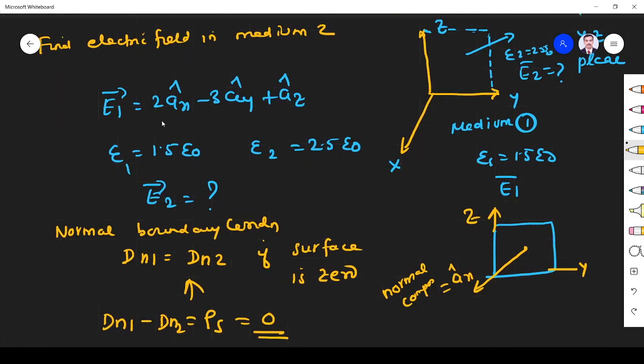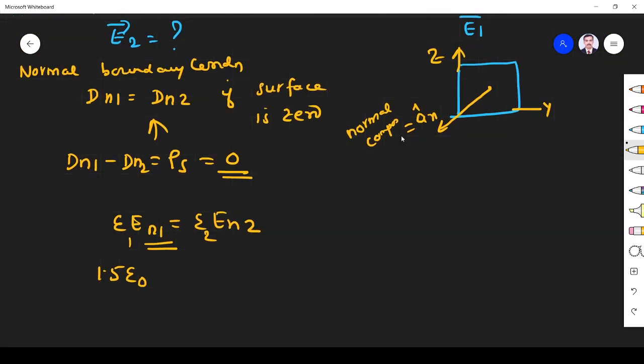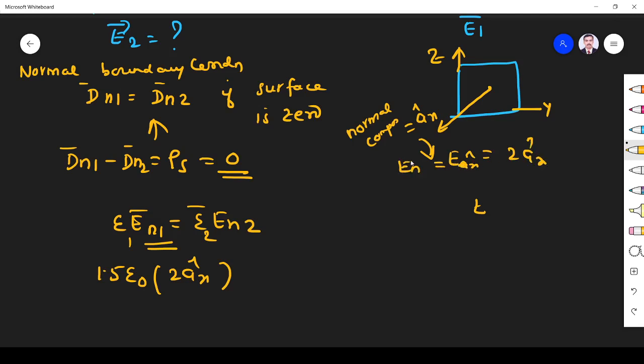What is the ax component here? It is 2ax. So the normal component of the given electric field is 2ax.